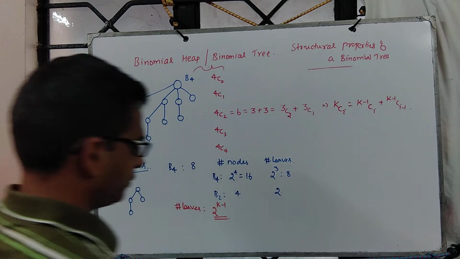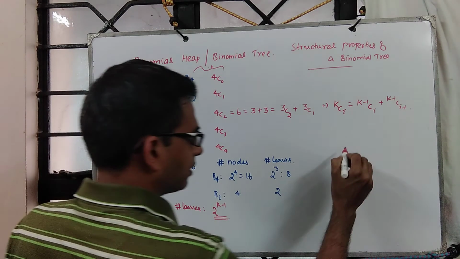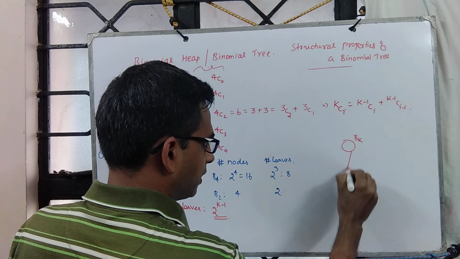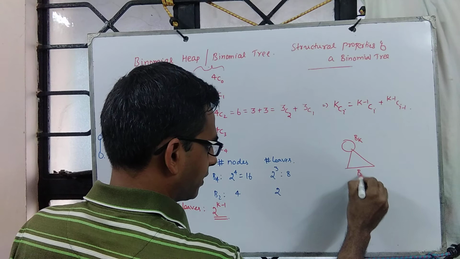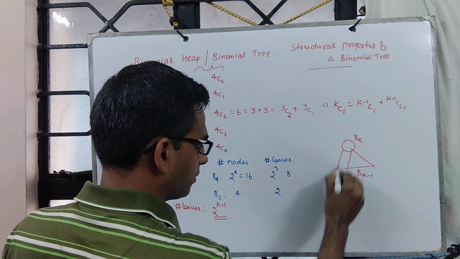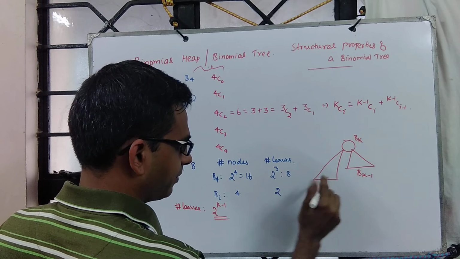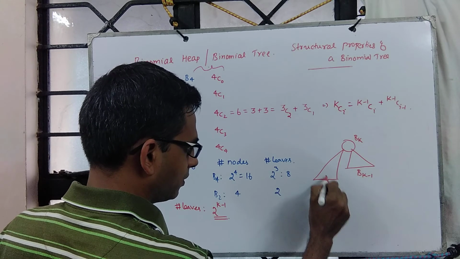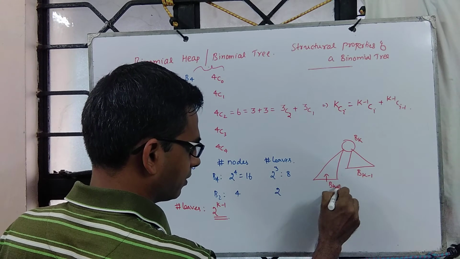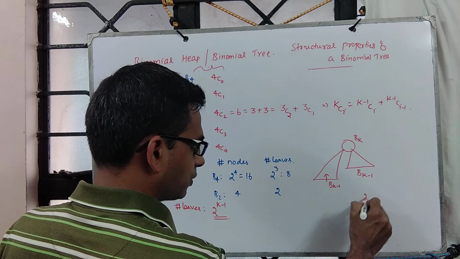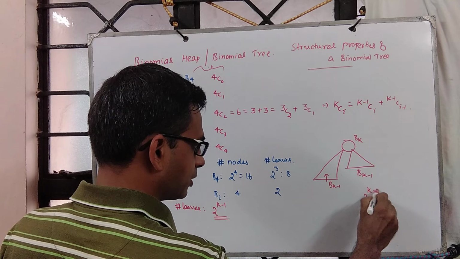Again, you can prove this using mathematical induction. You take bk. bk has got 2 copies of b(k minus 1). I am drawing like this because this b(k minus 1) is pushed one level down. So this is another b(k minus 1). By induction hypothesis, we know this b(k minus 1) has got 2 power k minus 2 leaves.